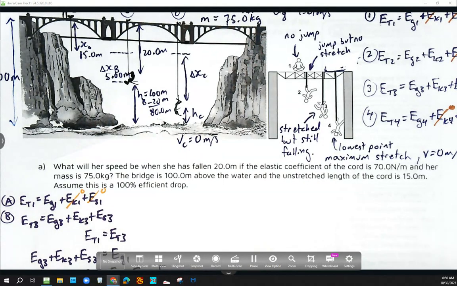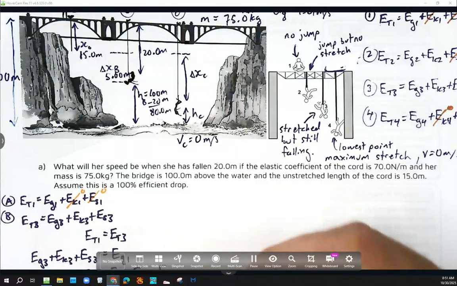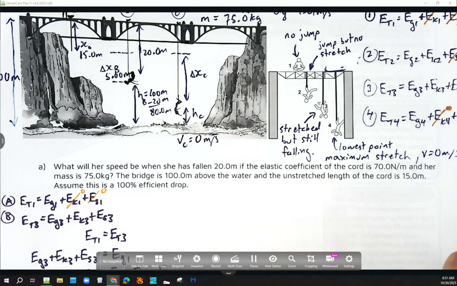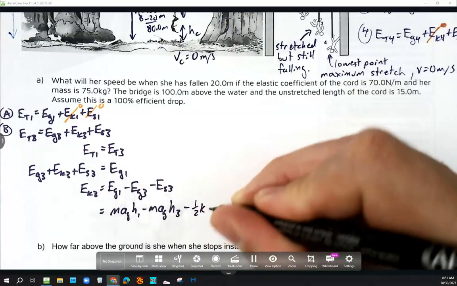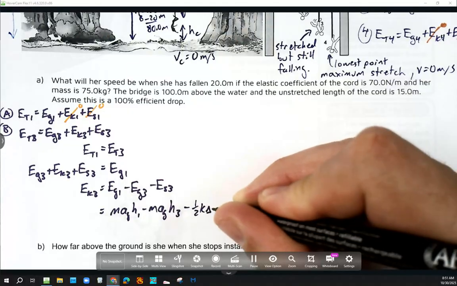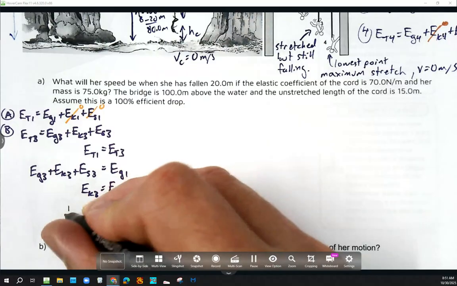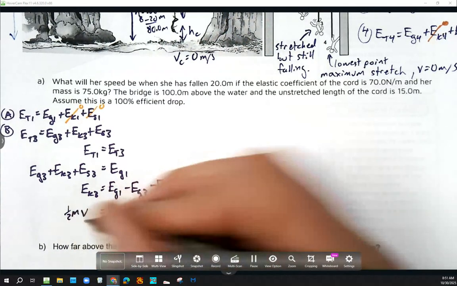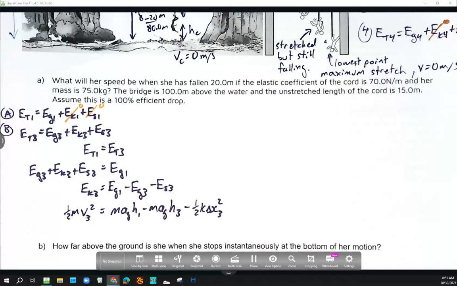EG1 is mass times acceleration due to gravity times height 1, minus mass times acceleration due to gravity times height 3, minus, remember the energy equation for spring energy, 1/2 k delta x 3 squared. EK3 is going to be 1/2 m v3 squared.